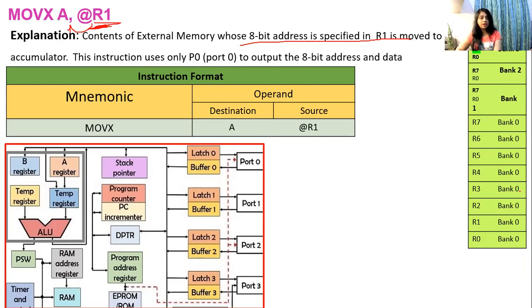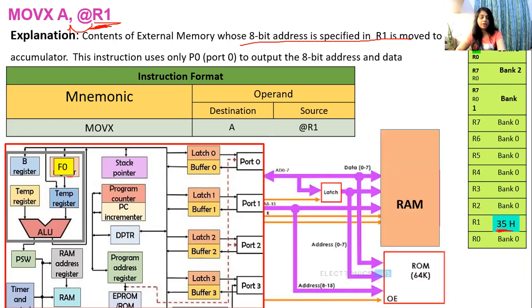Again, assume that we have used bank 0. Assume that the accumulator holds F0. Same contents. Now, suppose R1 holds 35. R1 holds 35. So what is 35? 35 is the address of memory. Say this is a RAM whose address is 35. So what this instruction says: move the contents from this memory to the accumulator.